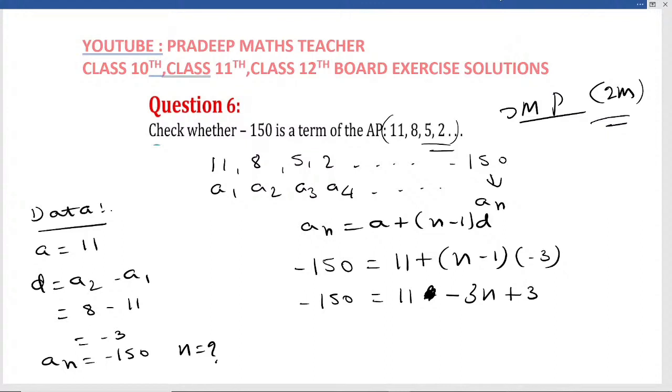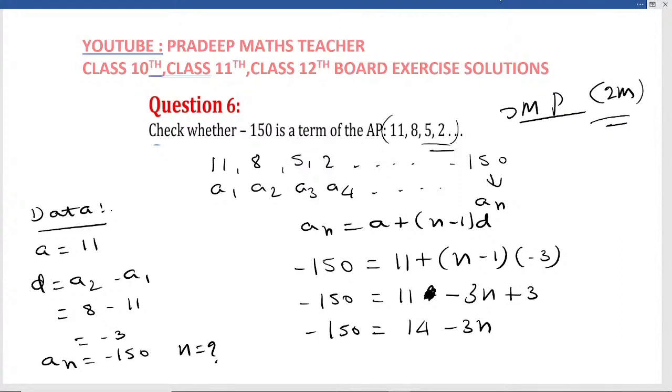Again I will say, children, 11 will be there, remains the same. So minus 150 equals, now 11 plus 3 is 14, minus 3n.